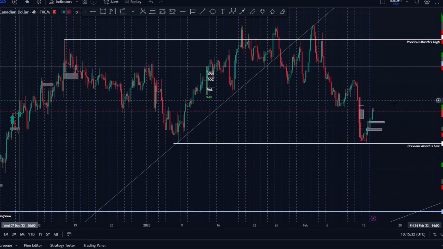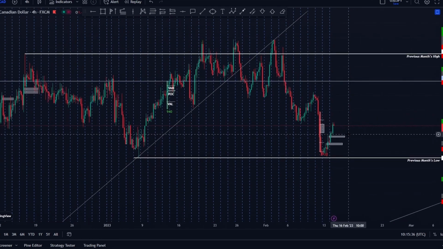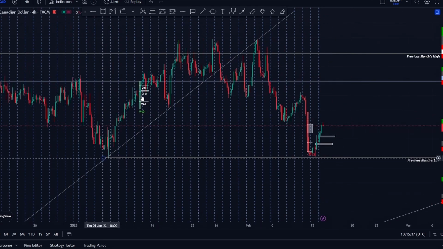So basically, one other thing that adds confluence to this is we have a harmonic pattern, a Cipher harmonic pattern.